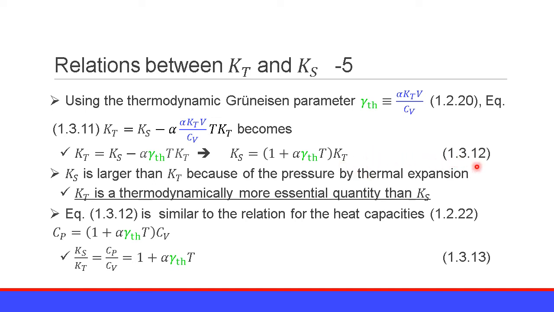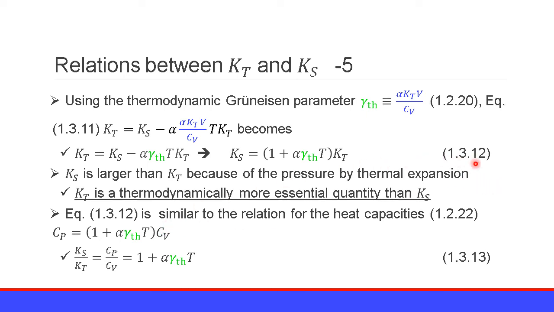Equation 1.3.12 also suggests that Kt, the isothermal bulk modulus, is a thermodynamically more essential quantity than the adiabatic bulk modulus Ks, because the adiabatic bulk modulus Ks becomes larger than Kt due to the pressure caused by the thermal expansion by the work done by the compression at adiabatic conditions.